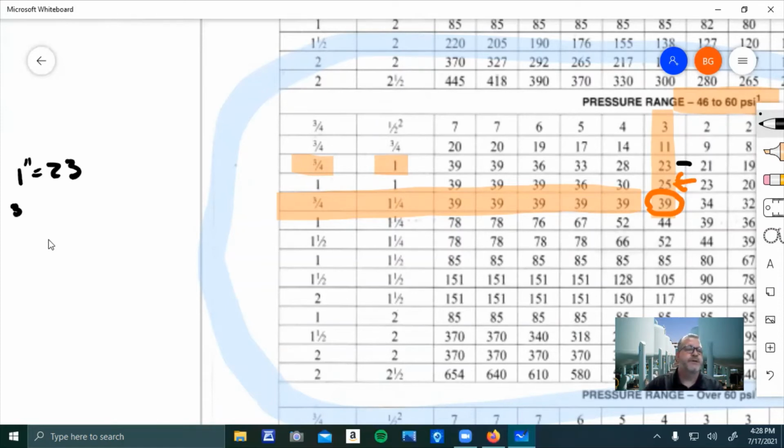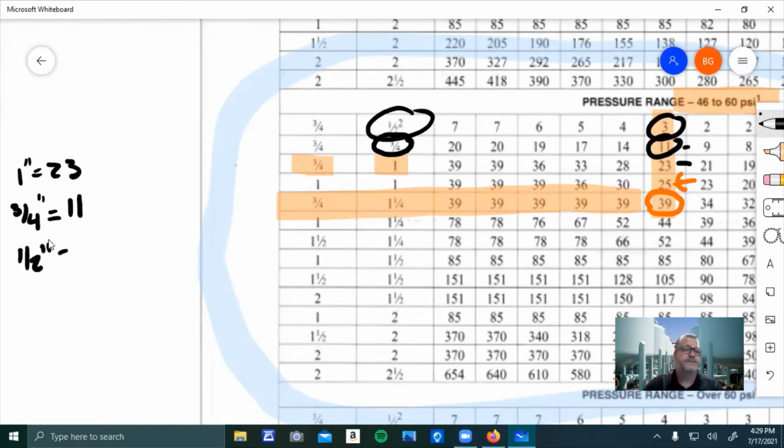So 1 inch is 23. Right? 3/4 is 11. Right? 3/4, 11. And then 1/2 inch gives me a total of 3 fixture units.